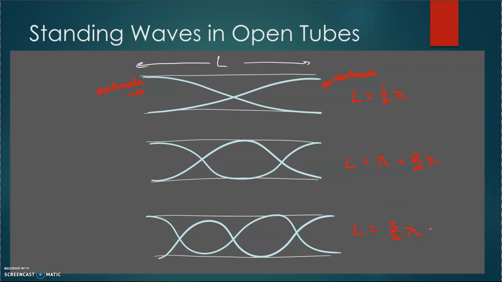We get the same progression that we had with strings, where the length of an open tube is n over 2 times the wavelength, and n can be any whole number. So once again, for an open tube, we can have both even and odd number harmonics set up in these tubes.